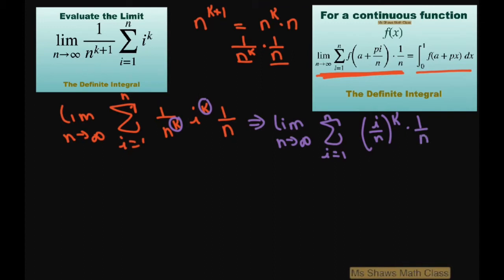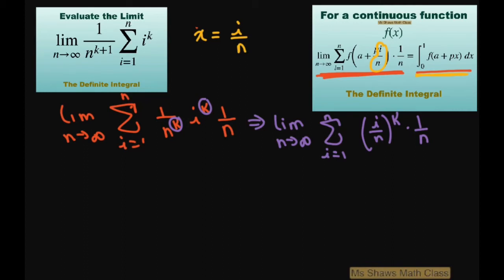So your x is going to be, according to our formula, this i divided by n. So our x equals, same as our formula, i divided by n.